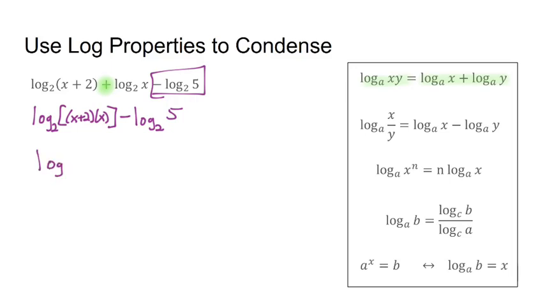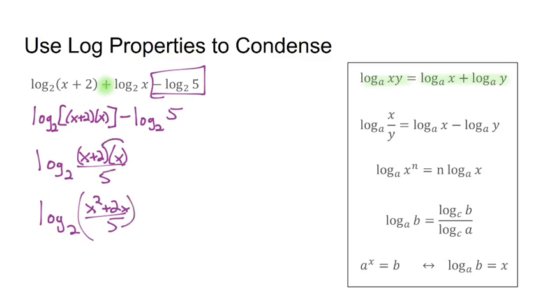I have log base 2, and now in our numerator x plus 2 times x, but in our denominator we have a 5. Really at this point we're done. There's nothing else I can really do here. I might simplify my numerator by distributing, so I have log base 2 of x squared plus 2x over 5. I get that just by distributing.